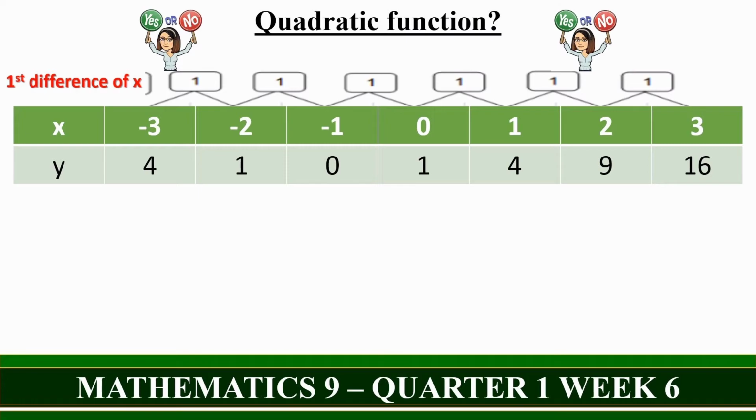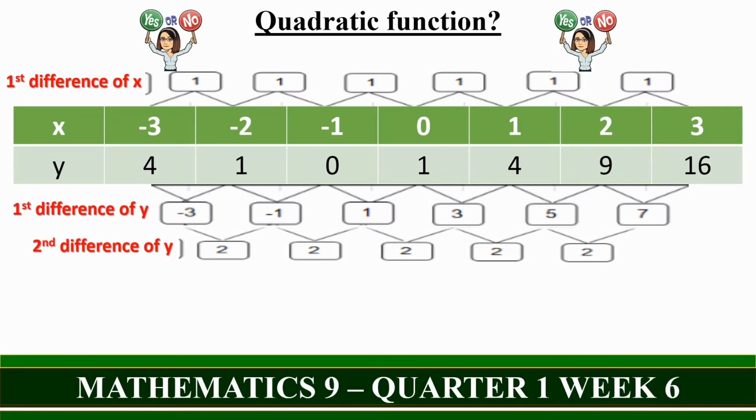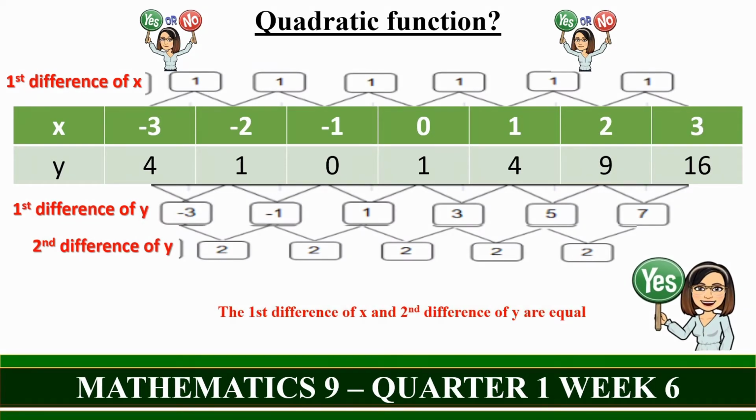We can see that all their differences are equal to 1. Next, get the second difference of the y values. We see that all their differences are equal to 2. Equal or constant second differences for y values means that the table represents a quadratic function.